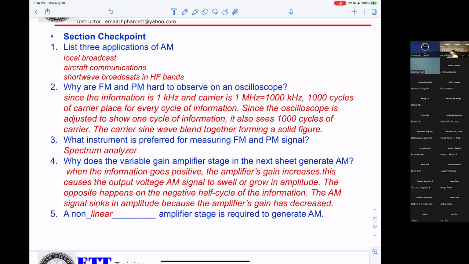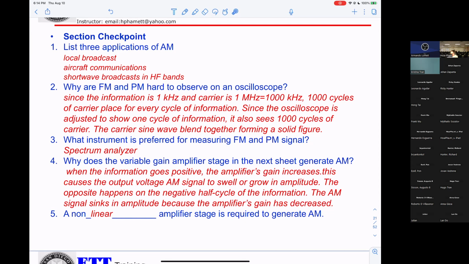Since the oscilloscope is adjusted to show 1 cycle of information, it also sees 1,000 cycles of carrier. The carrier sideways blend together, forming a solid figure.